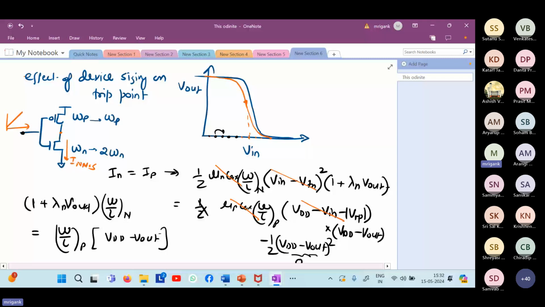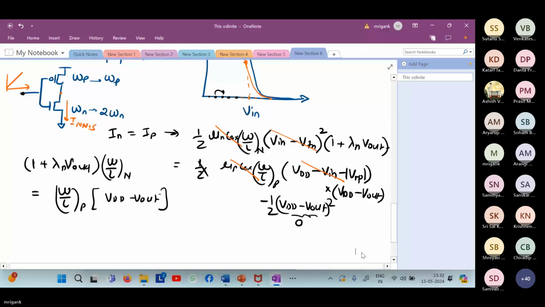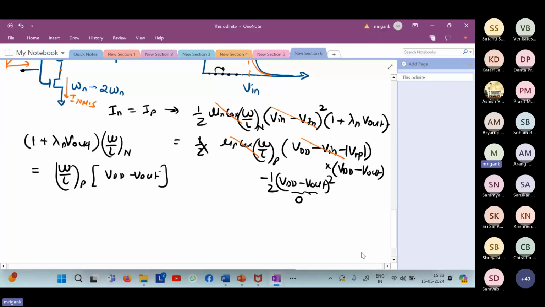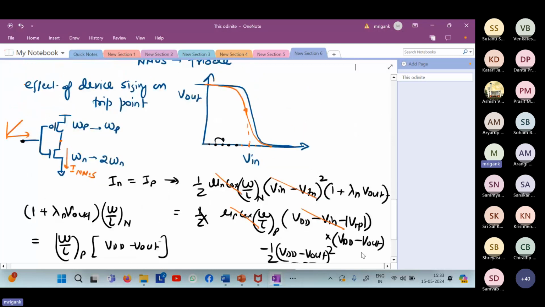Can we simplify this further? Conceptually, what I described, I'm just trying to quantify. For every point, if you have to find out the output voltage as a function of input voltage, you have to equate IN equal to IP and derive V out as a function of V in.